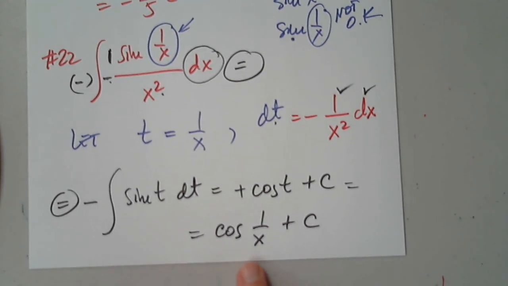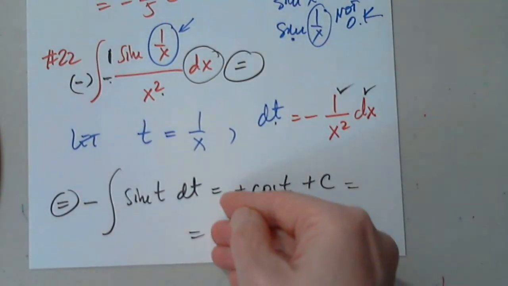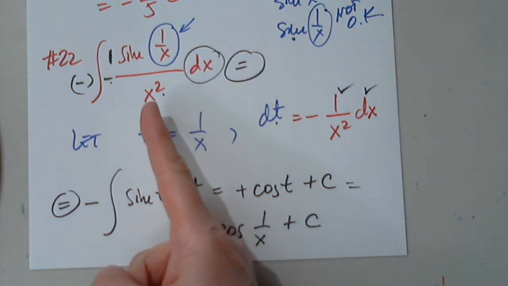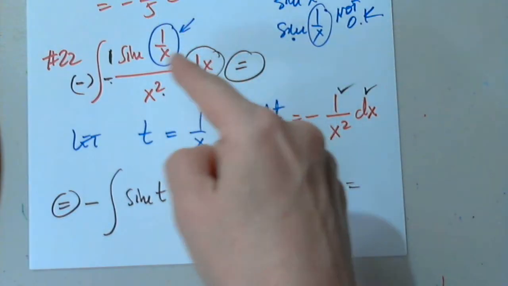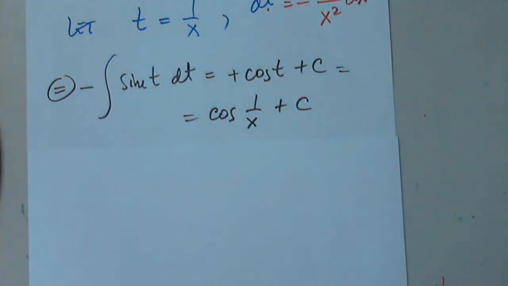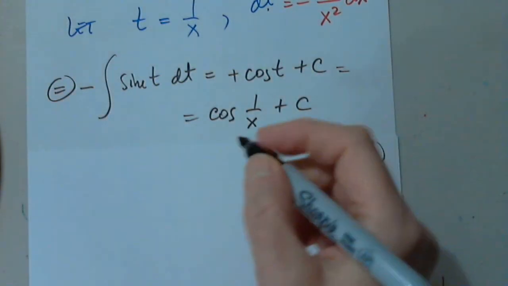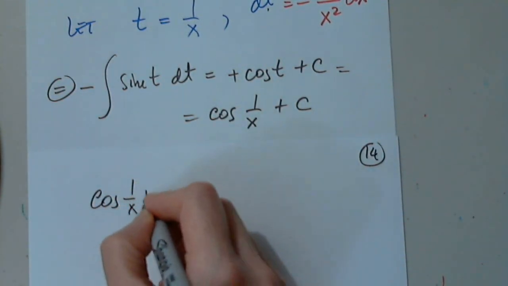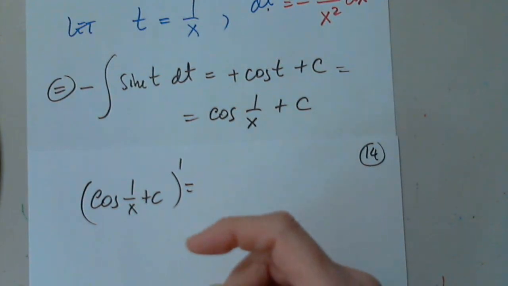And you can say, show me. Show me that when you differentiate this, you get that function, sine 1 over x squared. Sure. It will take a blink to convince you of that. So cosine 1 over x plus a constant c prime.